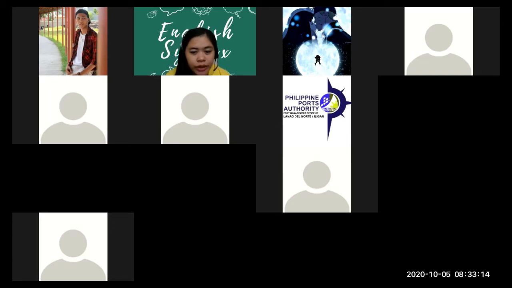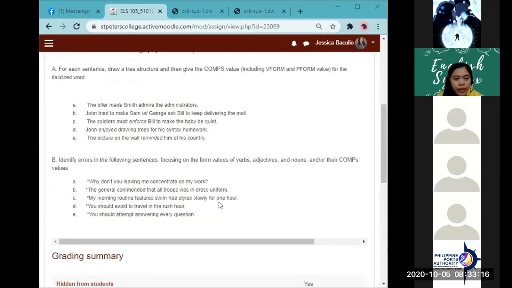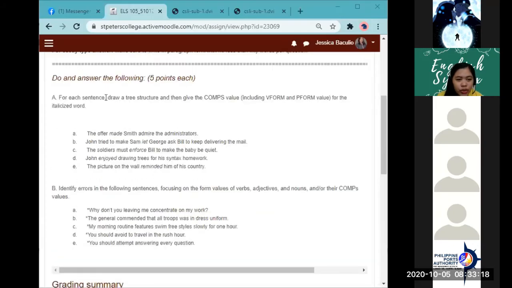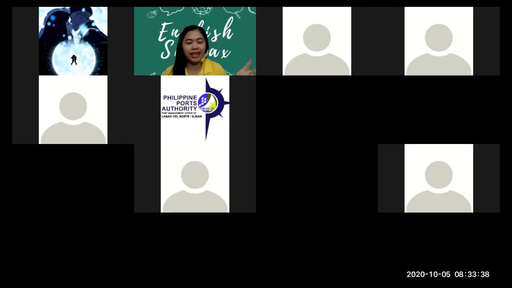These examples or questions are in the book. For each sentence, draw a tree structure, then give the feature structure of the italicized words in the sentence. You're going to write a feature structure of the word made. But let us cancel that idea because that's not a good idea. Let's not go to negativity and so on.